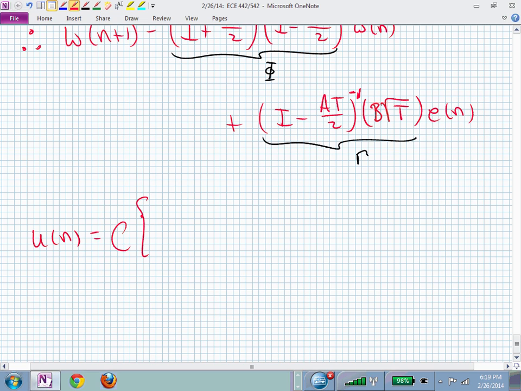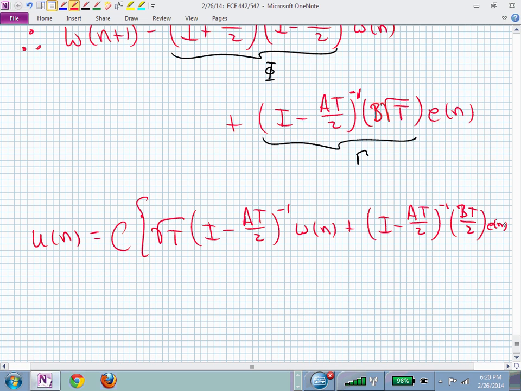And x of n was the square root of T, I minus AT over 2 inverse W of n, plus I minus AT over 2 inverse BT over 2 E of n, plus D E of n.